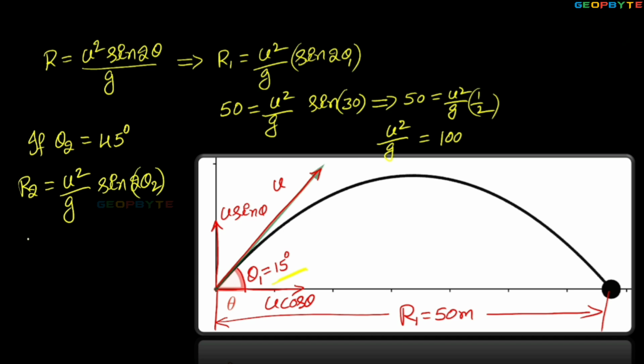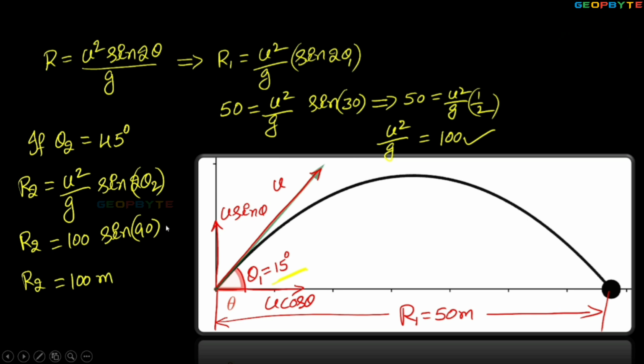You need to find R2 equals u square by g, which we already got as 100, into sine 2 into 45 degrees, that is sine 90. Sine 90 is how much? 1. Therefore R2 equals 100 meters because sine 90 equals 1.